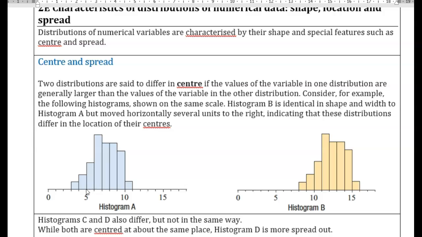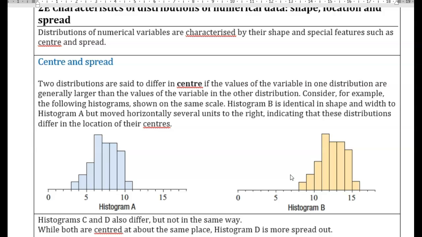Here you can see the range of values goes from 3 to 11, whereas here it starts at 8 and goes to 16. So even though they're the same shape, their center has changed. Let's say this histogram looked at initial running times, and then over a certain period of time they improved, or marks on a test after studying.